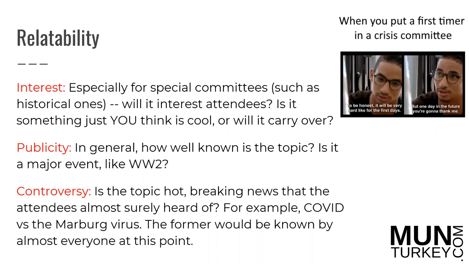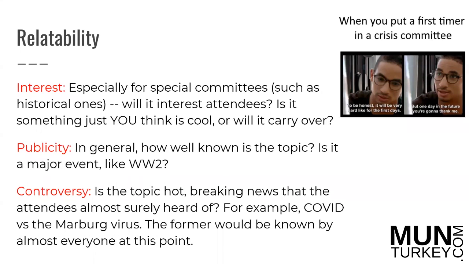obviously, it has to do with interest at first. This is sometimes for special and historical committees. When you choose an interesting topic that hasn't been done before, let me give an example again. For example, you're doing a DISEC committee and you choose, I don't know, nuclear weapons in North Korea. You've probably seen this in, I don't know, 50 committees by now.